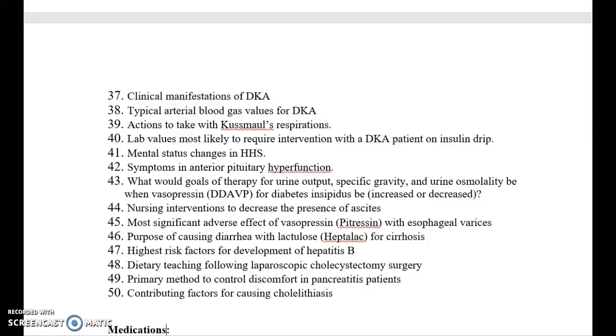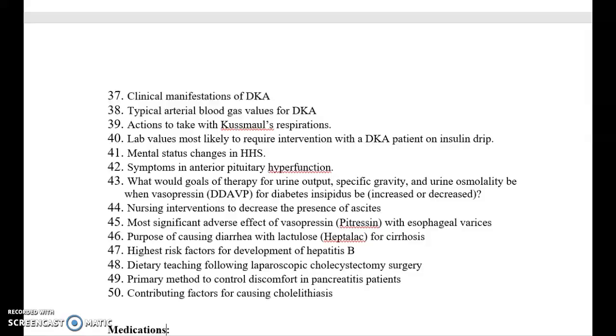One of the key things that we do to decrease ascites in terms of nursing interventions is to put somebody on a low sodium diet and be very adherent to that. We also monitor INOs, but really the main goal is to keep them on that type of diet so that it prevents this from getting worse.